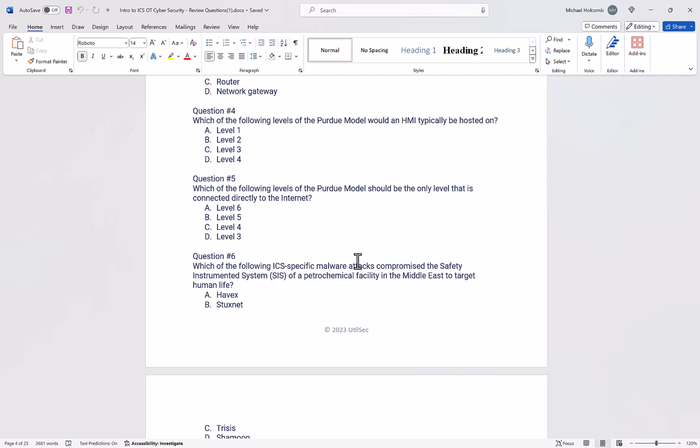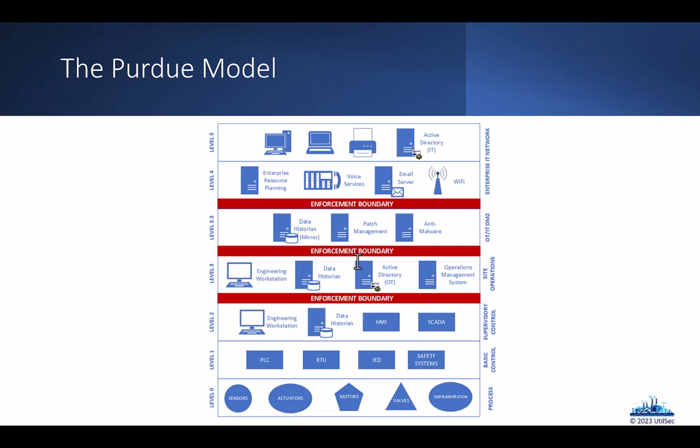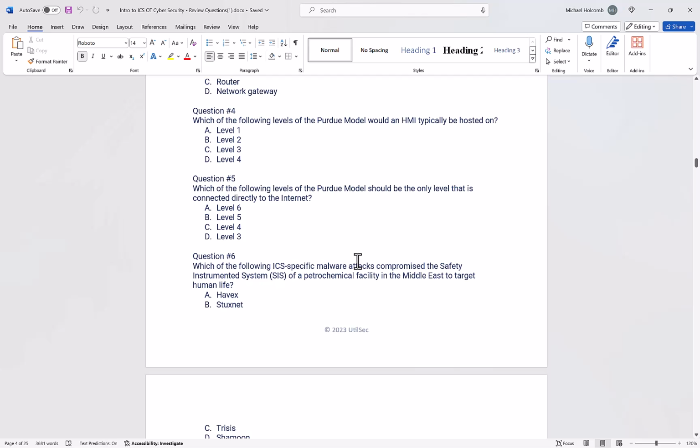Then that PLC sits at level 1, and of course that PLC is controlled by an HMI. So we're typically going to see those HMIs up one level at level 2. So you can see it there. Remember, sensors feed data to the PLC, and then the PLC is controlled by the HMI. So level 0 to level 1, the HMI sitting at level 2.